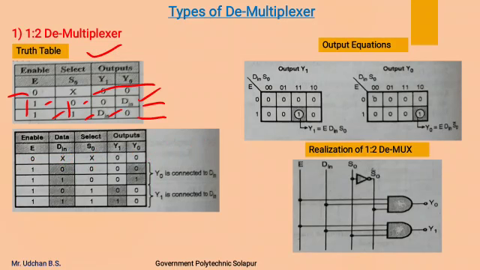Again, when enable input is 1, data input is 0, and select line is 0, we will get this data input over the y0 line, and a default 0 over y1. When enable input is 1 and data input is also 1 for the second case, the select line is 0, so the y0 line is selected, and the available data, that is 1, will appear over y0, and y1 will remain 0.